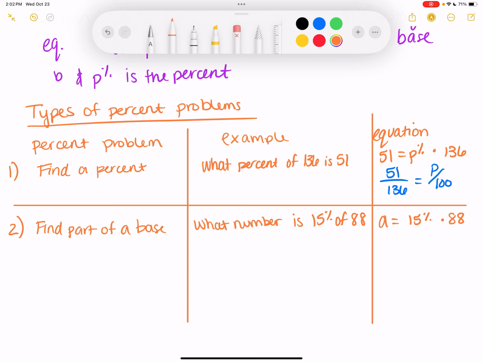Now, when you actually go to multiply these things, do I multiply 15 times 88? No. What do I do instead? 0.15. Yeah, I have to move the decimal place 2 to the left. They may ask you like 150% of a number or something like that. There's a couple problems like that, so you just have to move it over 2. So the decimal needs to move 2 places, and what this will end up being is A equals 0.15 times 88.